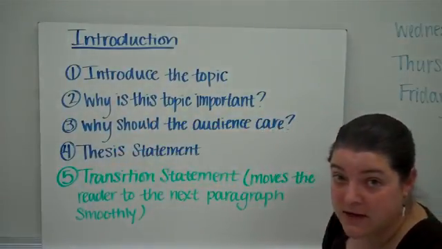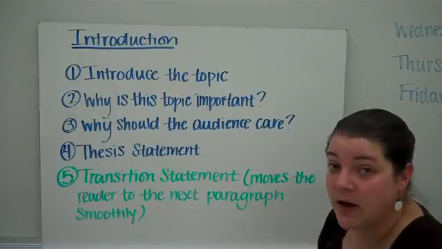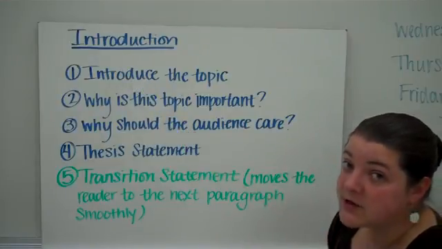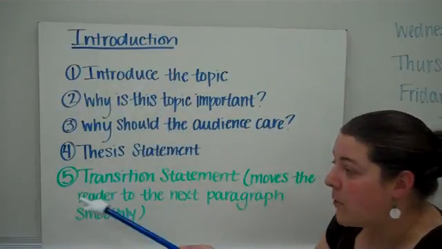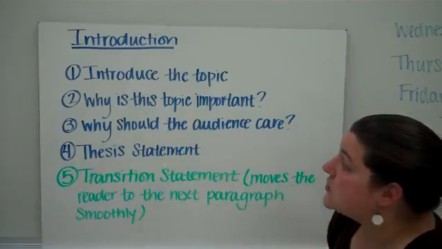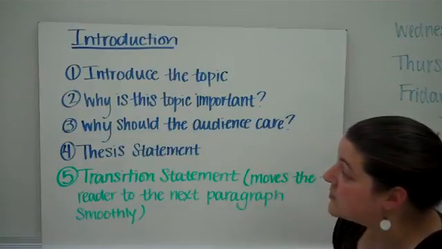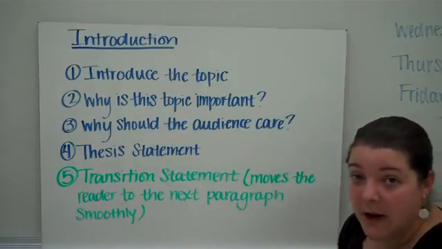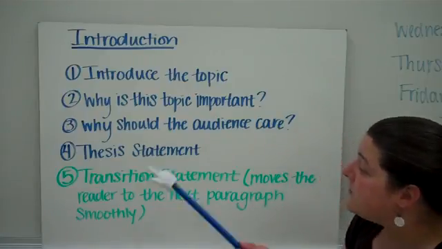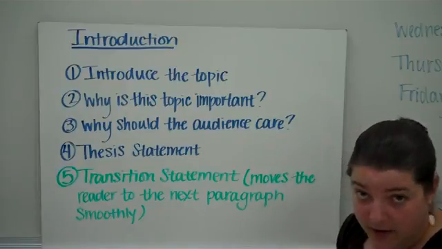The next piece that we're going to talk about is, of course, the first paragraph that shows up in your essay, and that is your introduction. Your introduction is going to do 4 things, and then you'll have a 5th at the end. Your introduction will introduce your topic. The second thing your introduction will do is answer, why is this topic important? You're going to answer that question for your audience. You're also going to answer, why should they even care about this?